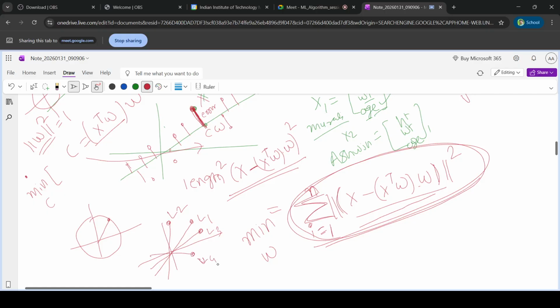If you solve this, we'll get the best w. As I mentioned last time, w is w1 comma w2. So you need to find the w which gives you the best direction, and here we are getting the best direction.